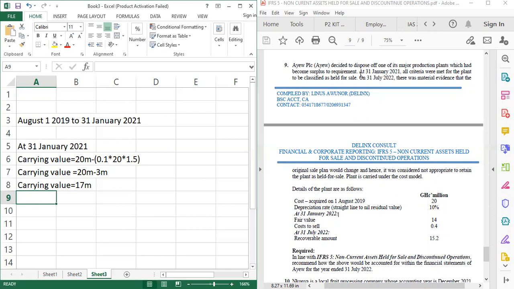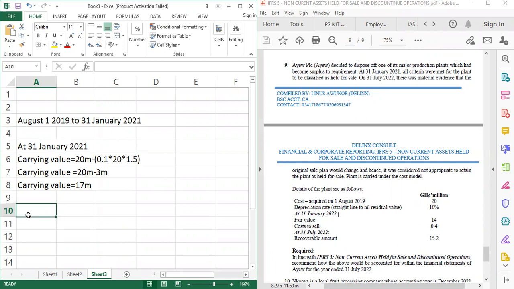But on July 31, 2022, there was material evidence that the original plan would change, and hence it was considered not appropriate to retain the plant as held for sale. Plant is carried under cost model.